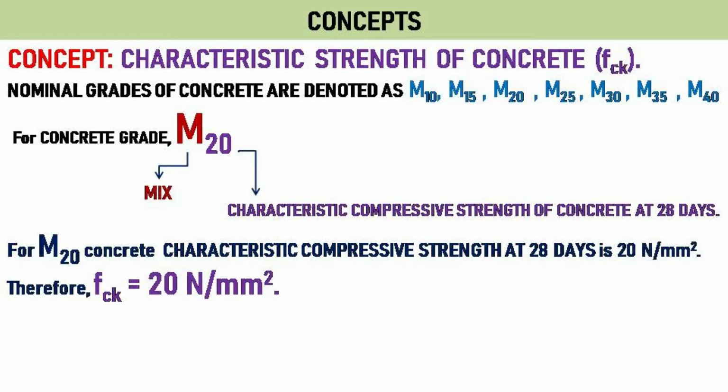In these grades of concrete, M stands for mix and the number stands for characteristic compressive strength of concrete, when tested at 28 days. For example, if M20 grade of concrete is considered, its characteristic compressive strength, when tested at 28 days will be 20 newtons per millimeter square. That is, fck is equal to 20 newtons per millimeter square.